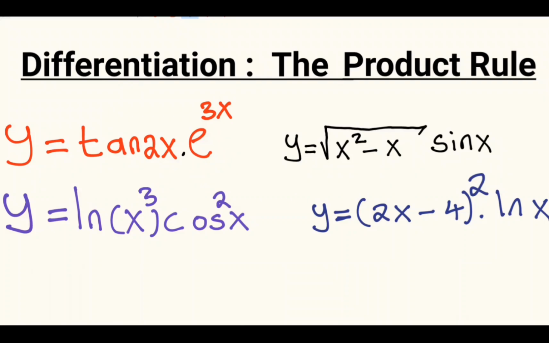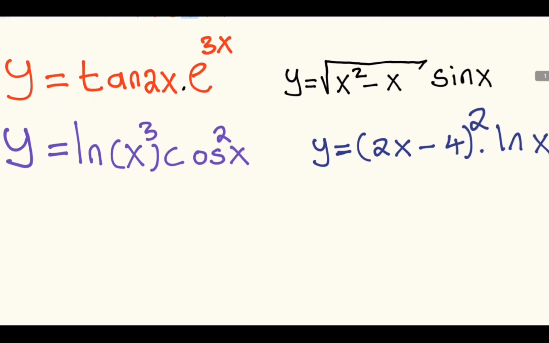In this video we are going to focus on differentiation using the product rule. We use the product rule when we have a product of two functions that we have to differentiate. So suppose we have a function y equals f of x multiplied by g of x.